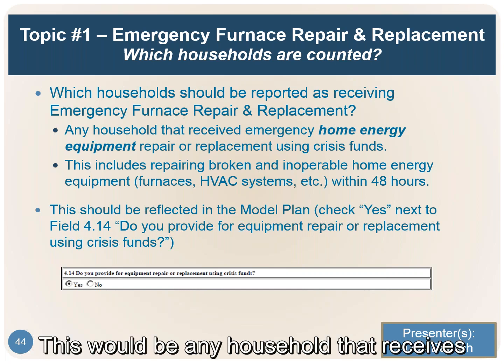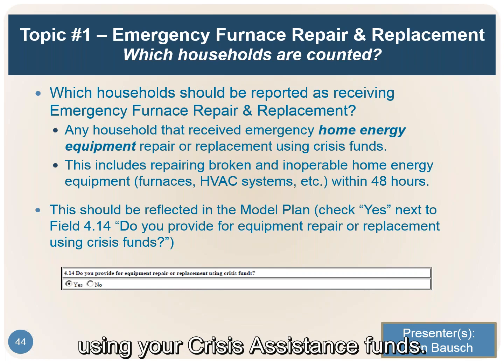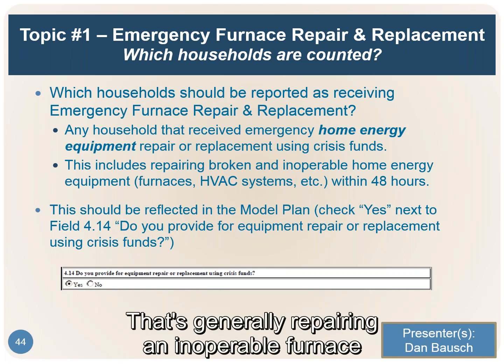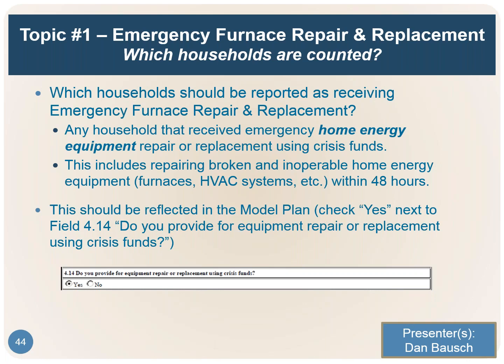So this would be any household that receives equipment repair replacement in an emergency situation using your crisis assistance funds. That's generally repairing an inoperable furnace or an inoperable system within that 48-hour time period.